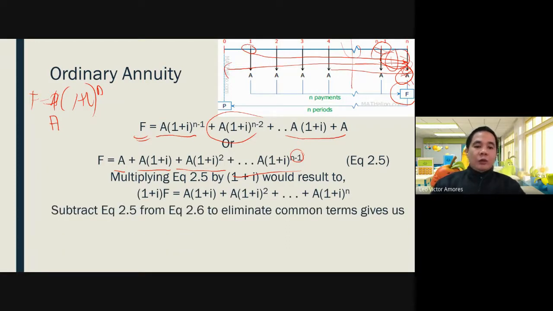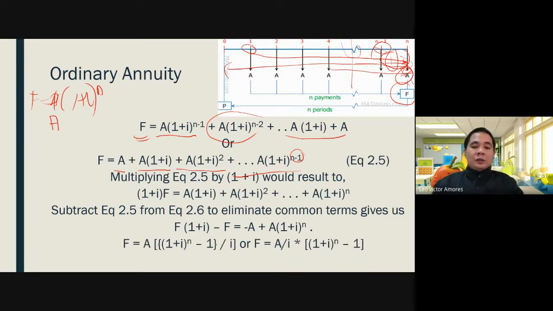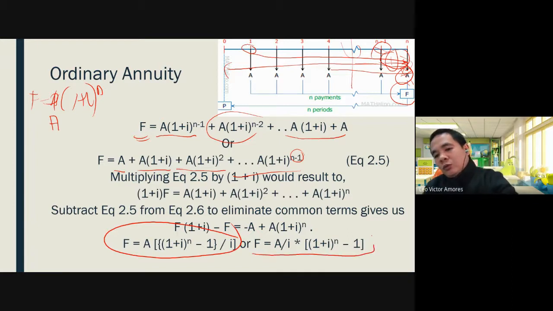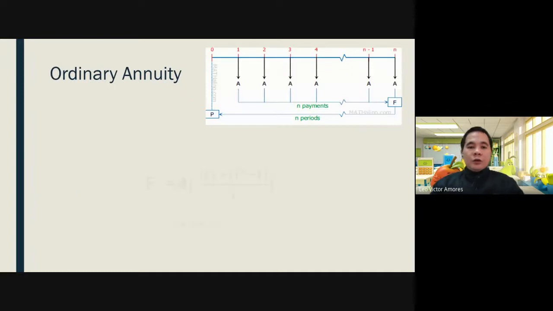So subtracting equation 2.5 from equation 2.6 to eliminate the common terms, the resulting equation will be F(1 + i) - F equals -A + A(1 + i)^n. Therefore, if you simplify the whole equation, this would be the resulting equation for your ordinary annuity.